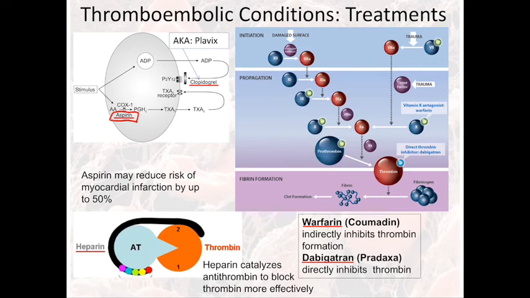We've all heard of it. What it does is it stops the formation of this guy right here. Remember what that one was? Thromboxane A2. That's that same thromboxane A2 that we already talked about. One of the effects of that was platelet aggregation. This is a platelet, by the way.